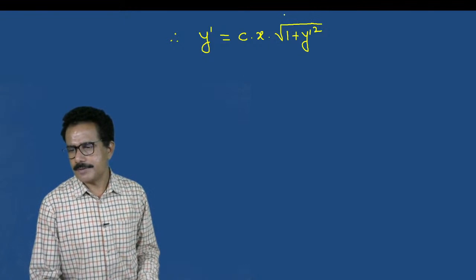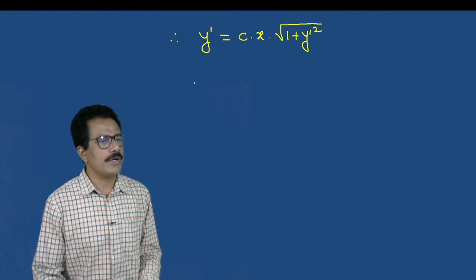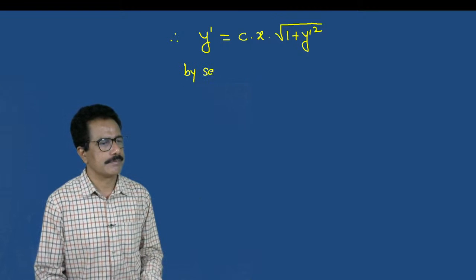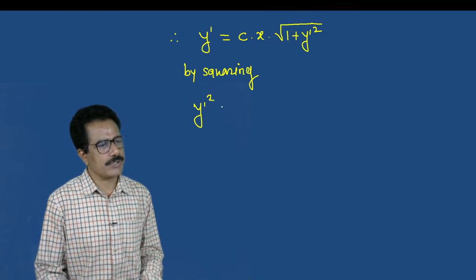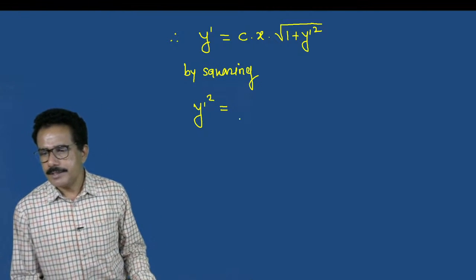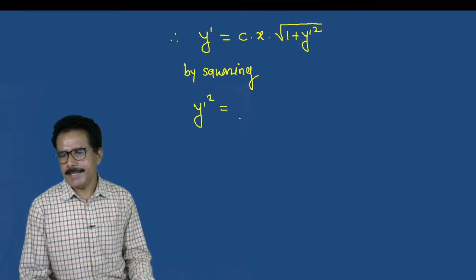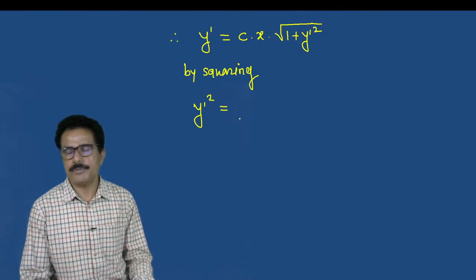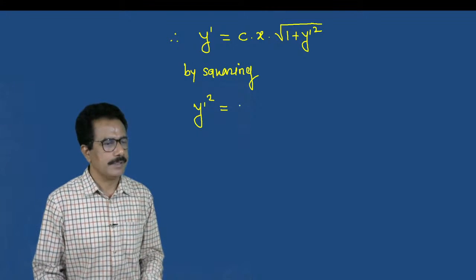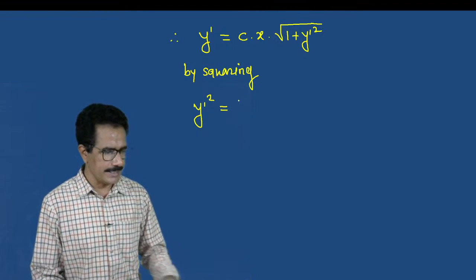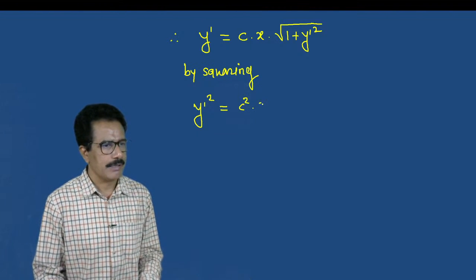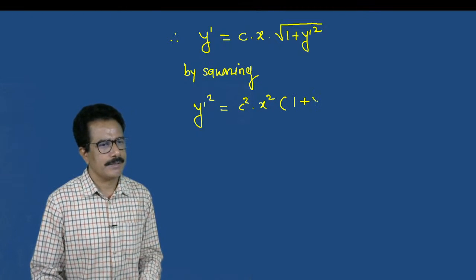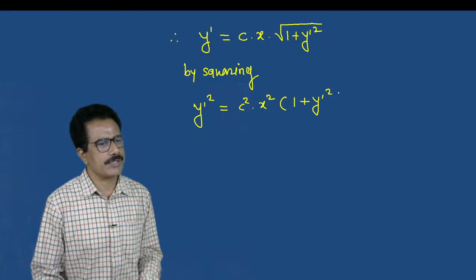बरोबर आहे का students? So now by squaring, y dash square is equal to c square x square in a bracket 1 plus y dash square.